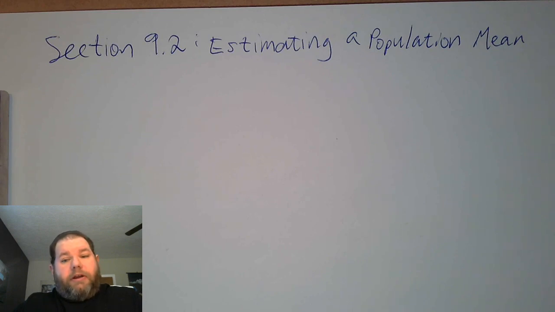And depending on the sample size, which again we prefer to be at least 30, it can be more or less accurate. And there's other considerations it turns out as well, and we'll talk about these as we go through this section.